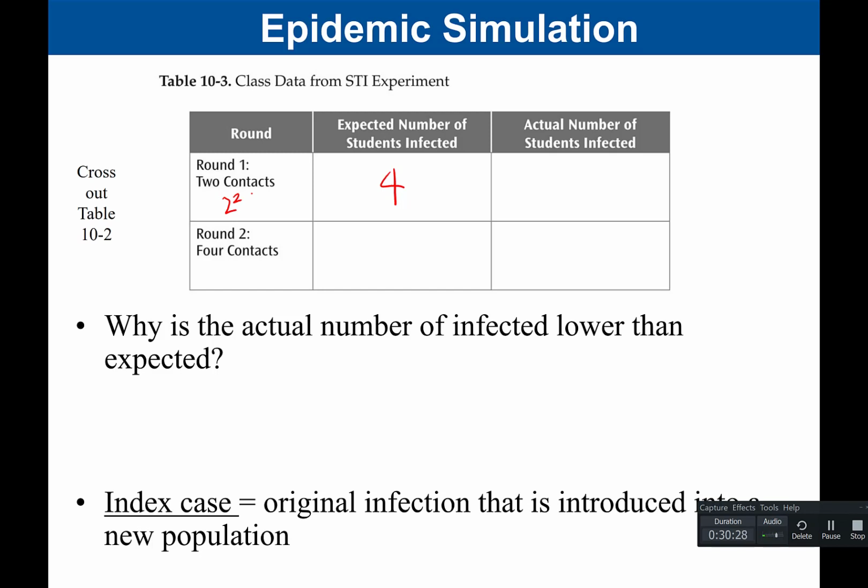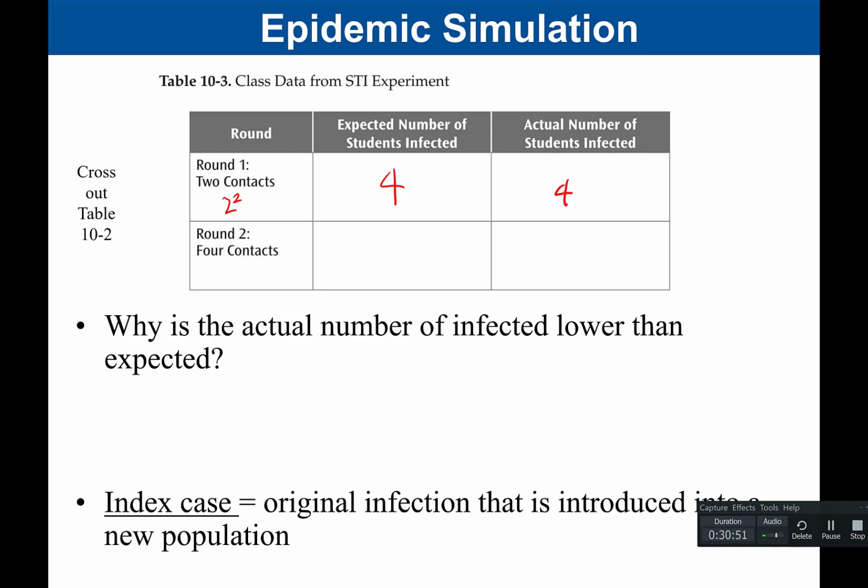Let's say that if we did this in our simulation, 4 people have the disease. So in this situation, for 2 contacts, our expected number matches our actual. We expect 4 people have the disease, and the actual number of people is 4, right? So when I add the phenol red, the 4 people who have it turn up pink.